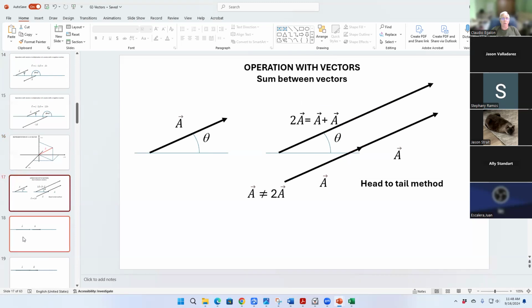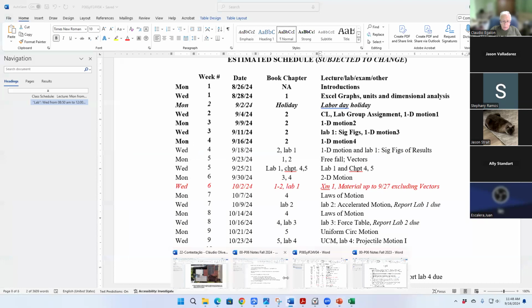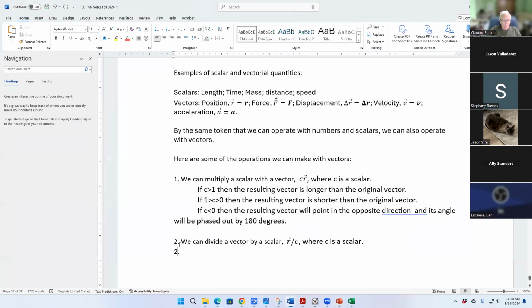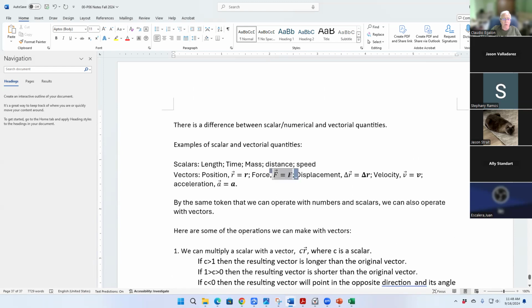Okay, what else can we do with vectors? Which other type of operation can we do with vectors? We can also sum vectors. Going back here, the simple summation between vectors is going to be this one I'm going to show you.